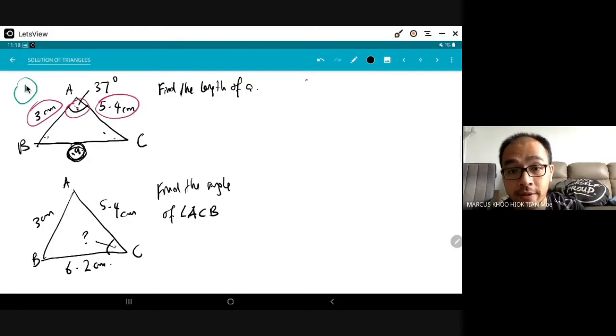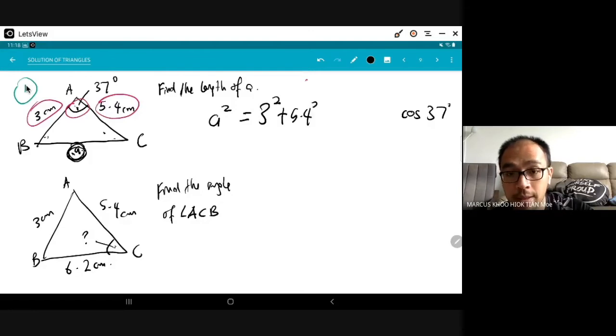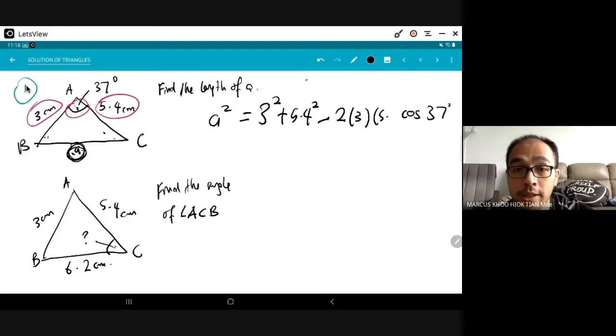It's 37. So you know that the back is definitely cos 37. And what is the front? It is A squared. Then let's put in the rest of the formula. 3 squared plus 5.4 squared minus 2 times 3 times 5.4 cos 37.